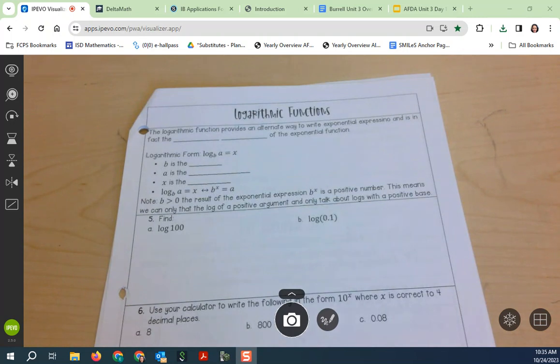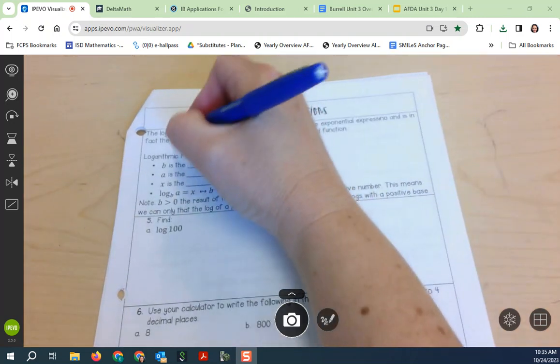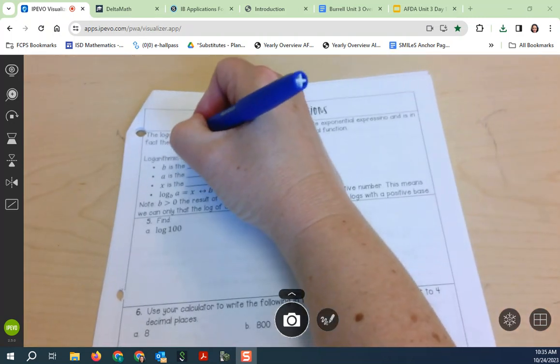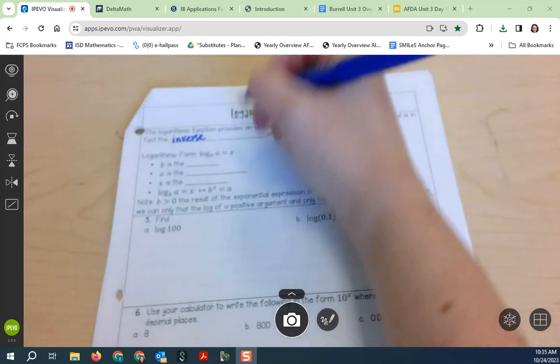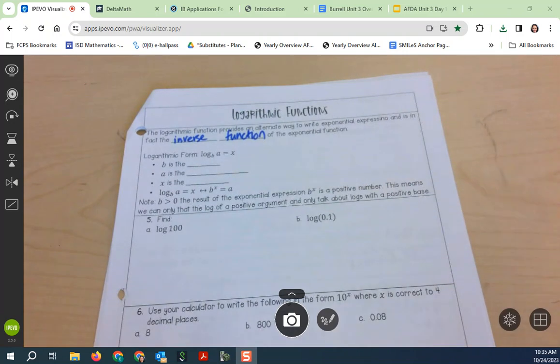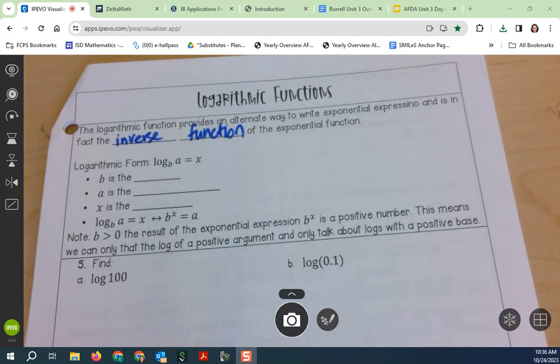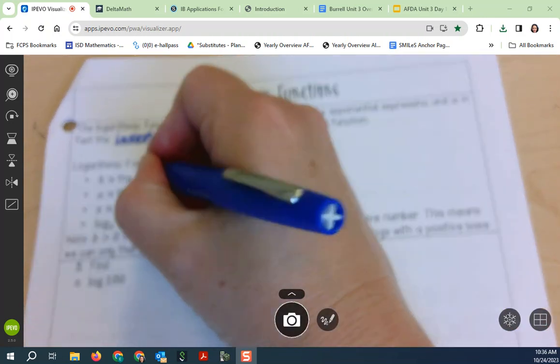All right, so the logarithmic function provides an alternate way to write exponential expressions, and it is in fact the inverse function of an exponential function. When you see a logarithm written log base b of a equals x, b is called the base.